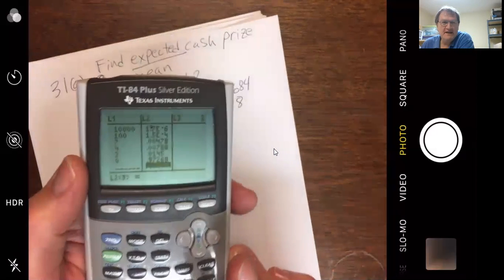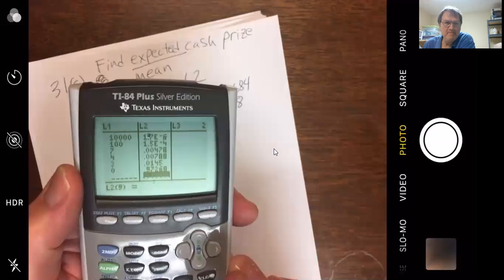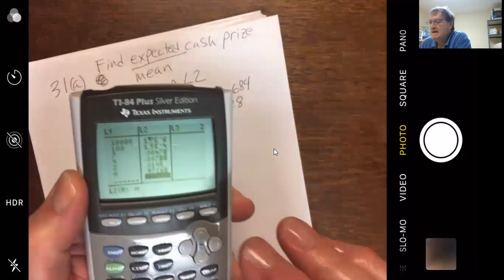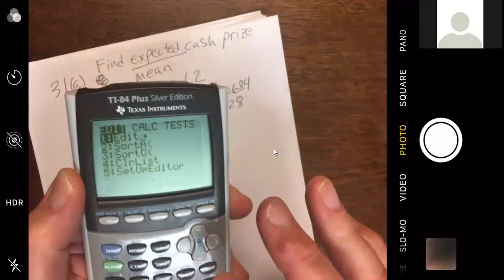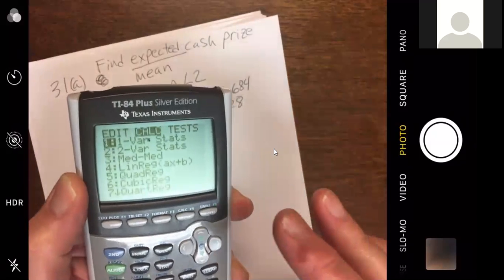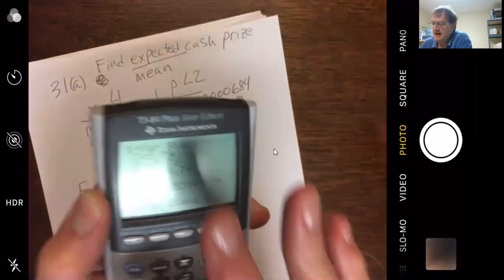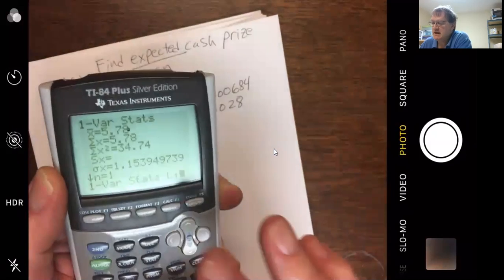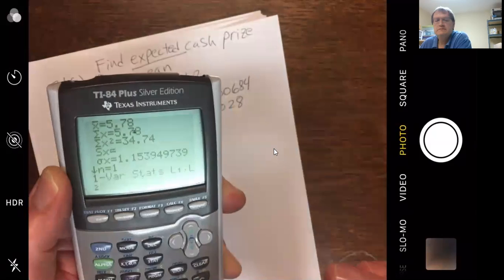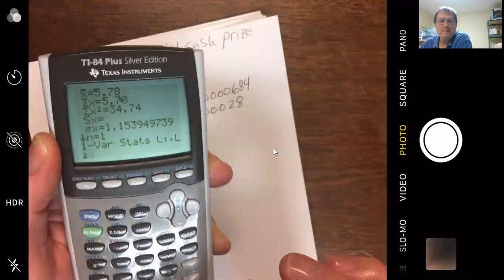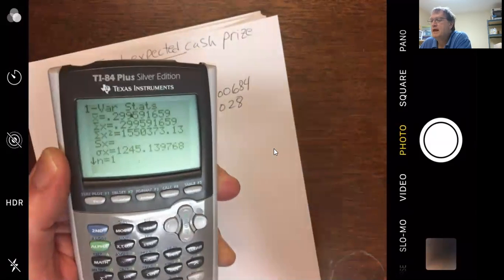Are we ready to go on and get the mean or the expected value? Yes. Stats, calc, one variable stats, but don't hit enter. L1 on this machine, comma, L2. Enter.